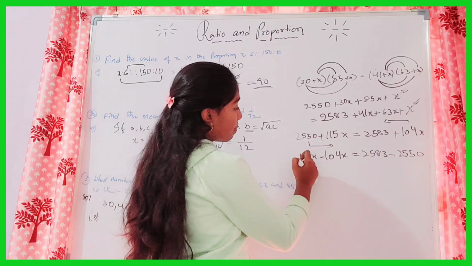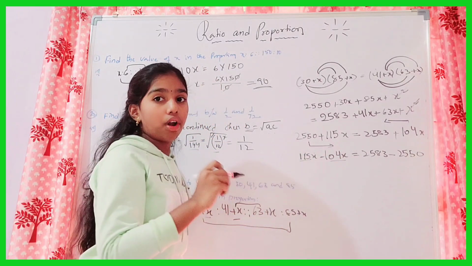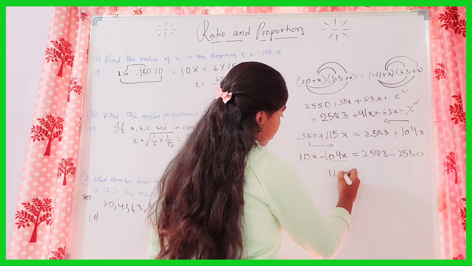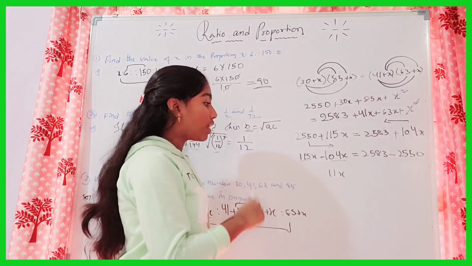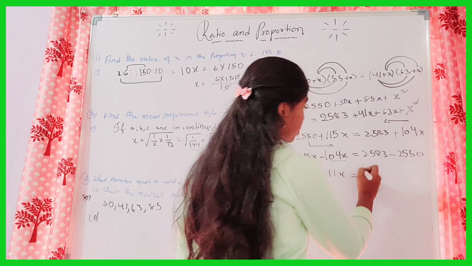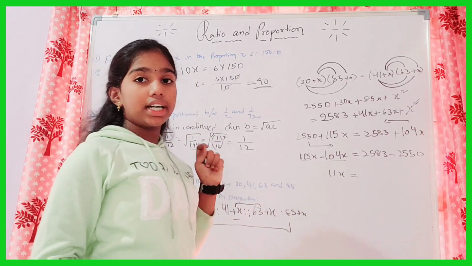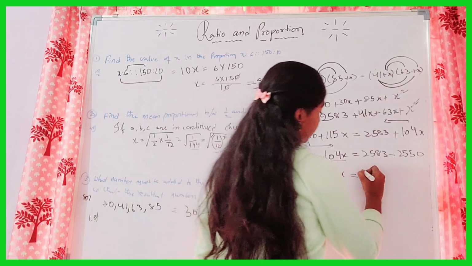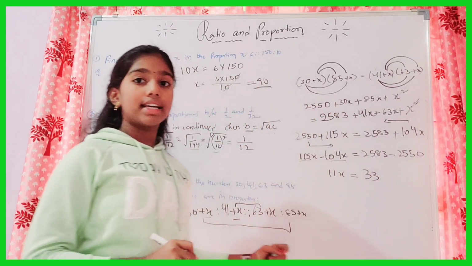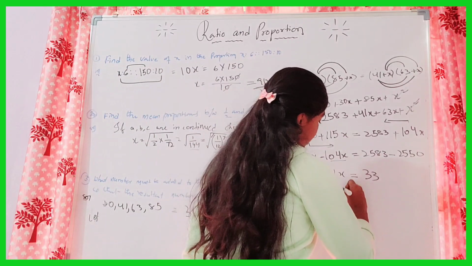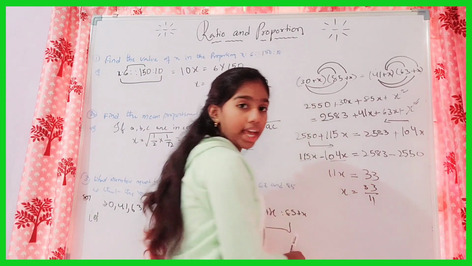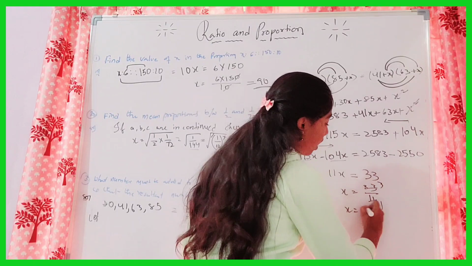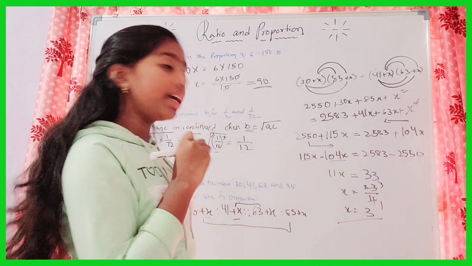Now, 115 minus 104 is 11, so 11x. And 2583 minus 2550 is 33. Then 11x is equal to 33. x is equal to 33 by 11. 11 threes are 33, so the value of x will be 3.